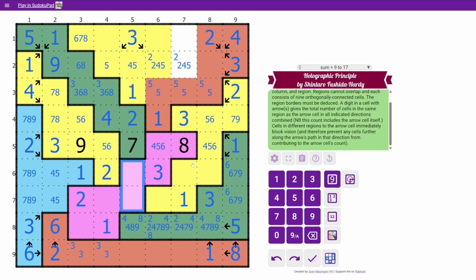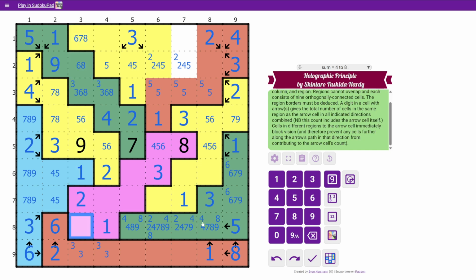Yellow. Oh, wait, never mind. Four cannot go here. Alright. So there must be a 4 in this column.